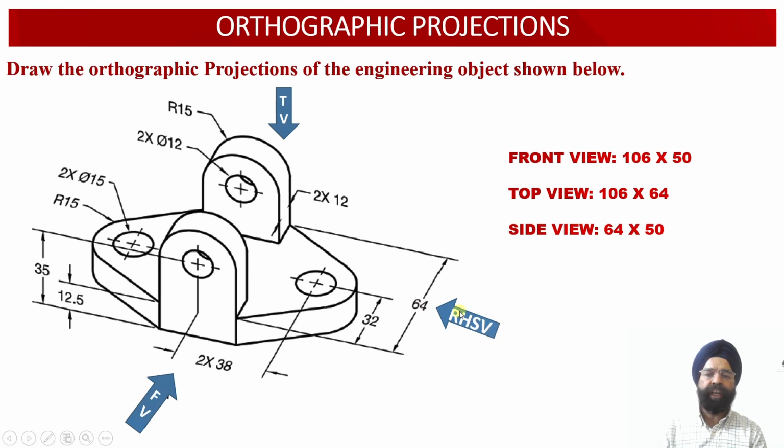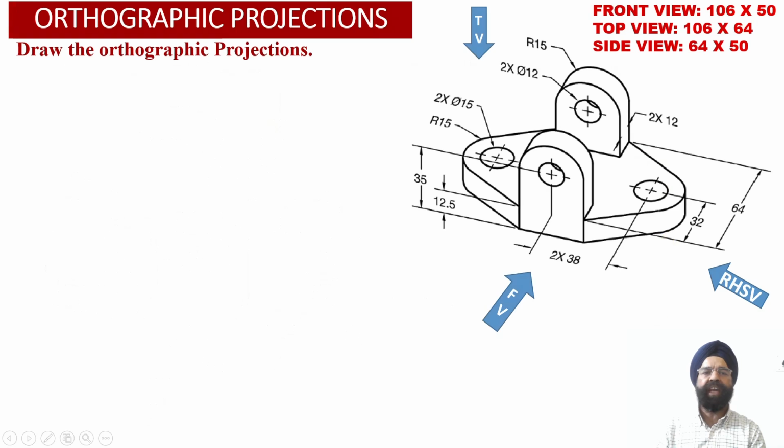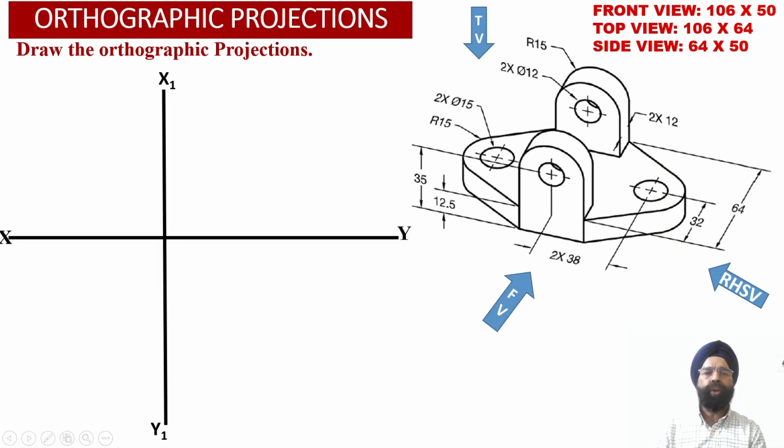Similarly, when we view the solid from the right hand side, we observe that the depth of the solid is 64 millimeter and the height of the solid is 50 millimeter. So the side view face corresponding to the solid is going to have dimensions 64 millimeter by 50 millimeter. So with this information, we are required to obtain the orthographic projections of the solid.